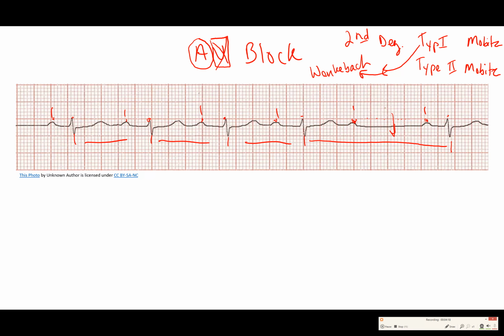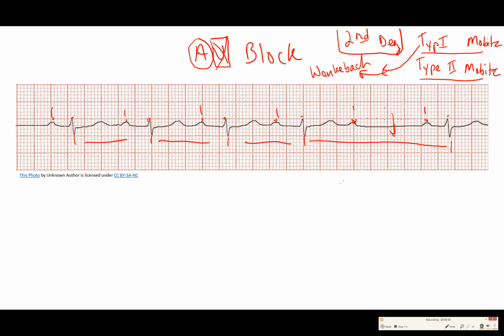But I think probably what you need to remember is second degree has 2 types, Mobitz type 1 and Mobitz type 2. And second degree, what you'll often see is there is a dropped beat somewhere, that there's a block between the atrial depolarization and the ventricular depolarization.